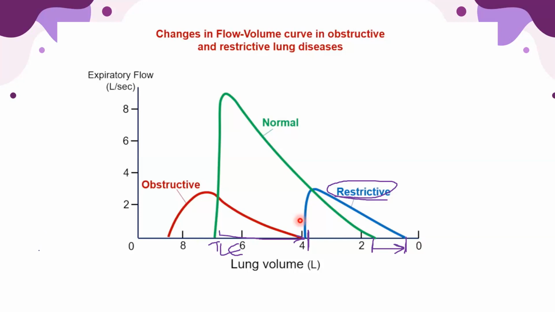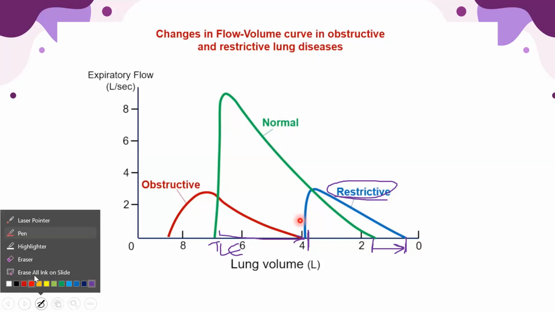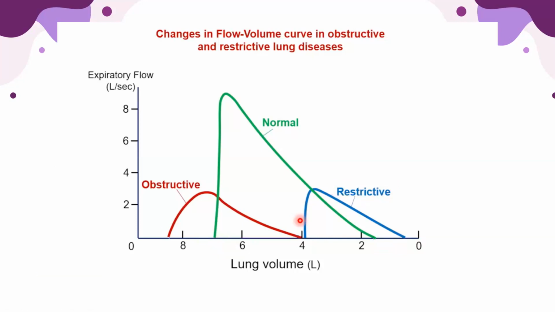One thing you can notice here is that the slope of this graph compared to the slope of this graph is different. Do you know why the slope of a restrictive lung disease is steeper compared to obstructive lung disease? You can see it's pretty much normal, almost the same as this one. Do you have any idea why?